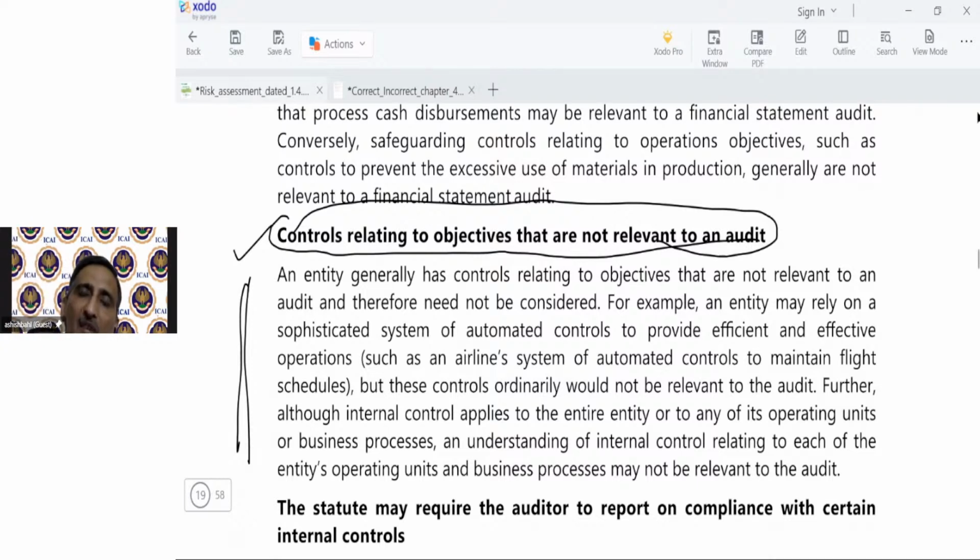Computer-based, system-based controls. Now tell me whether such types of controls are relevant for a financial statements audit. What would the auditor gain by seeing whether these controls are operating as intended or not?